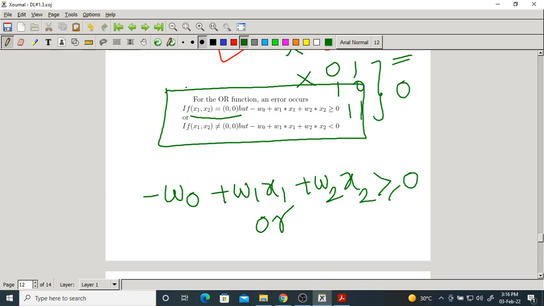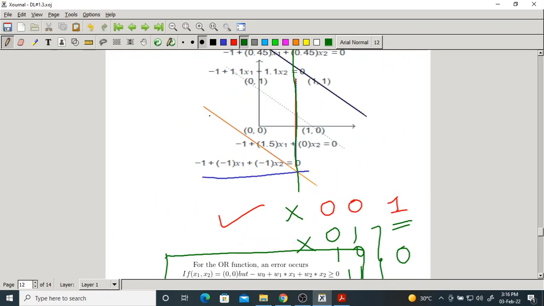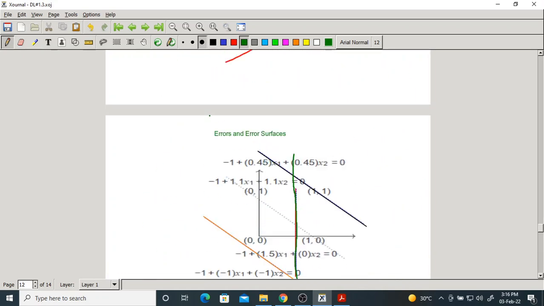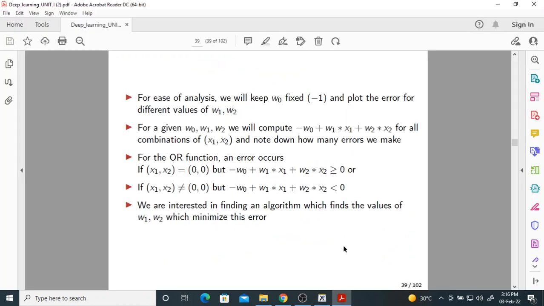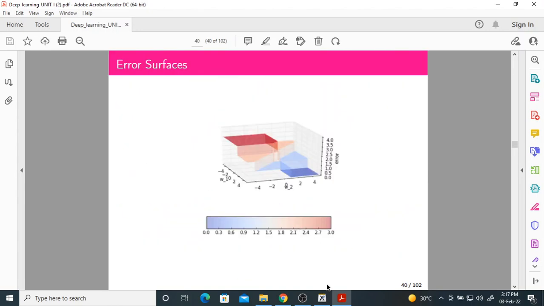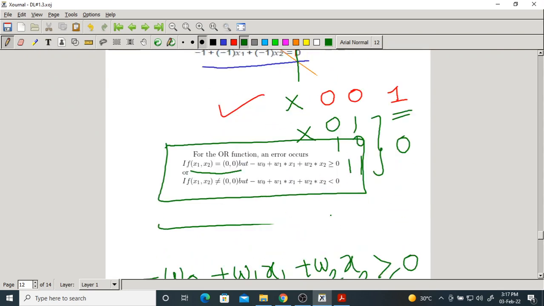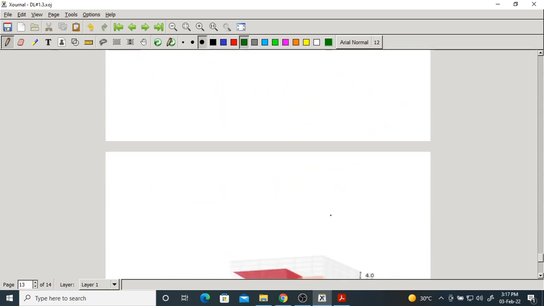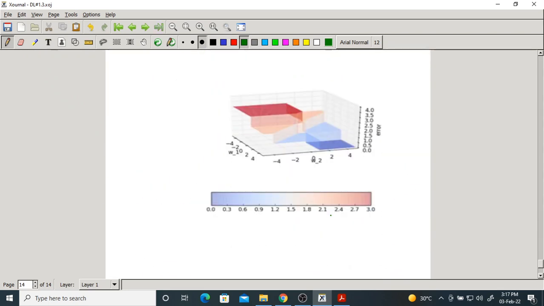So depending upon the values of weights, we may get errors. I have written in the table some of the possible errors. Now here we have taken an error surface. This is W2. I have taken -4 to 4. This is W1.